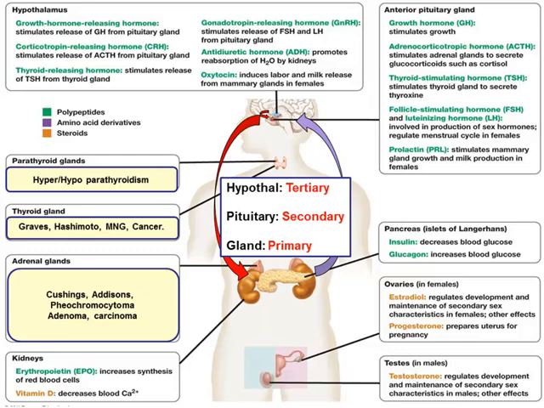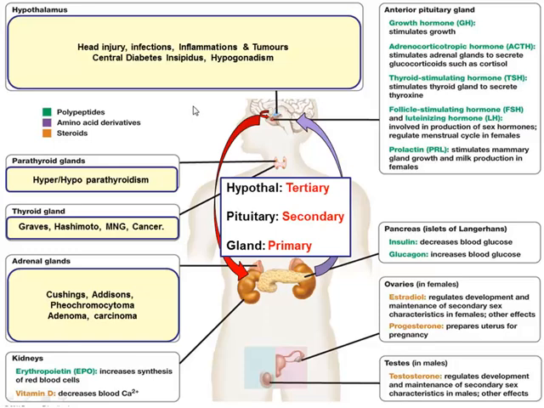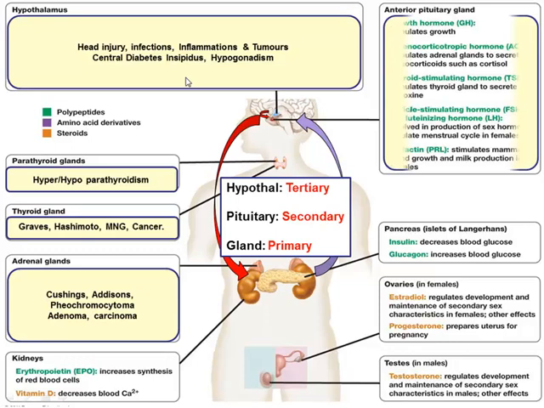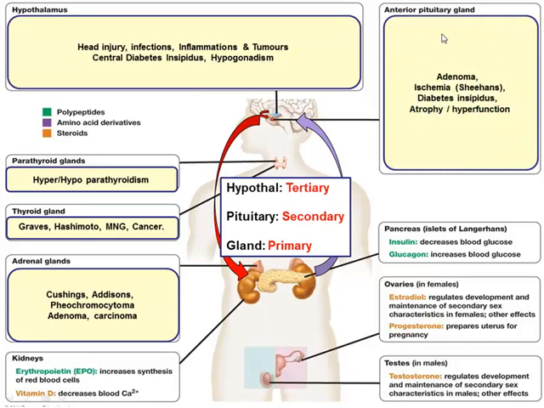Hypothyroid, parathyroid, hypo and hyperparathyroidism. Hypothalamus, SIADH, diabetes insipidus. They are all clinically important, but pathology probably minor. Anterior pituitary, lot of minor: diabetes insipidus, atrophy, hyperfunction.